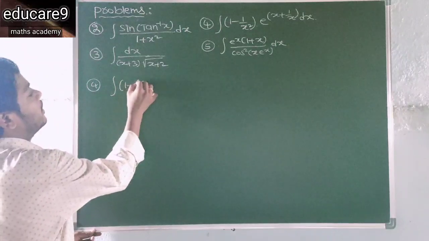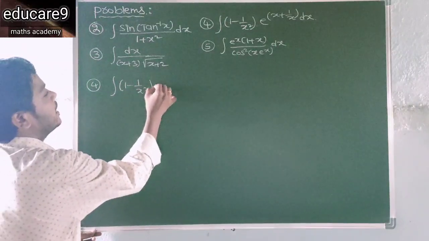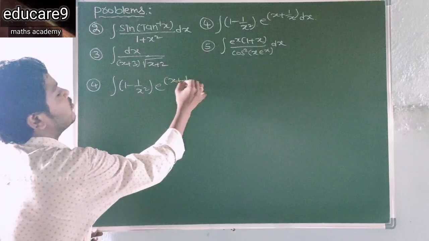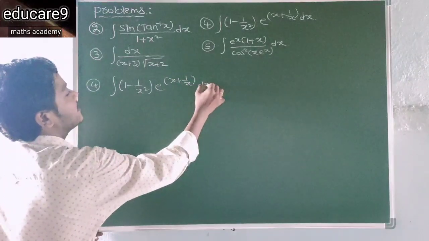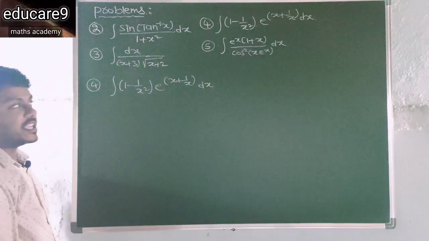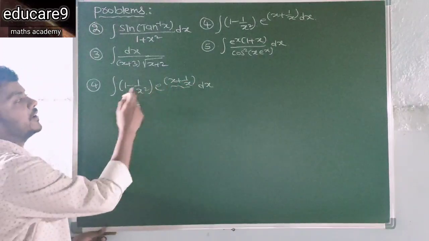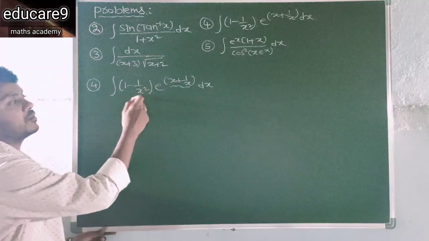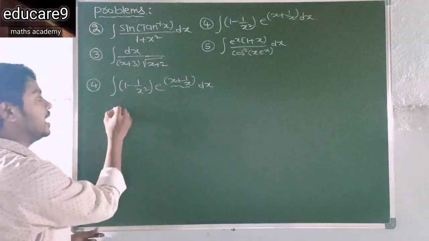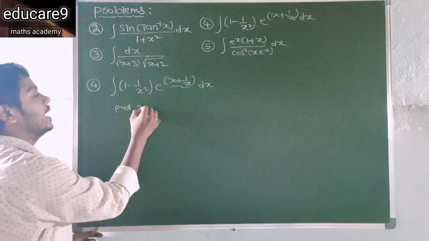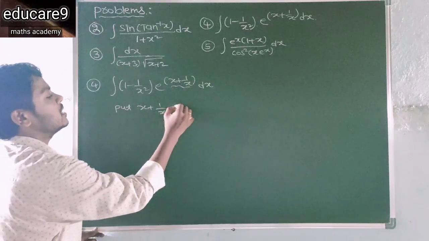Integration of (1 minus 1 by x square) e power (x plus 1 by x) dx. See here, derivative of this is what? Derivative of x is 1, derivative of 1 by x is minus 1 by x square. So put x plus 1 by x is equal to t.